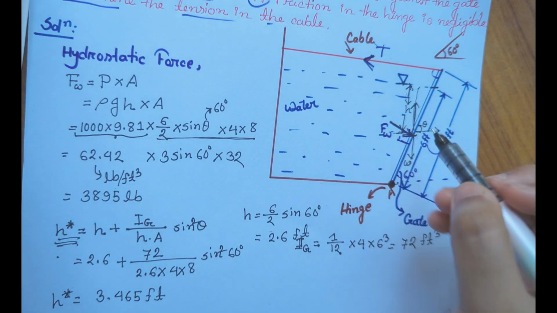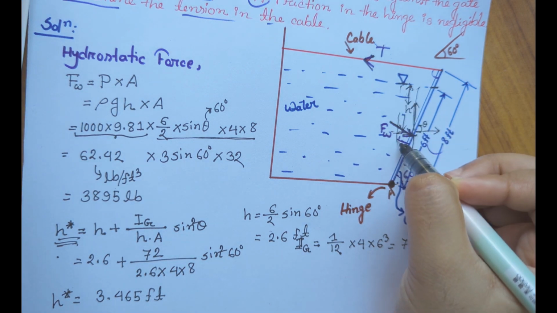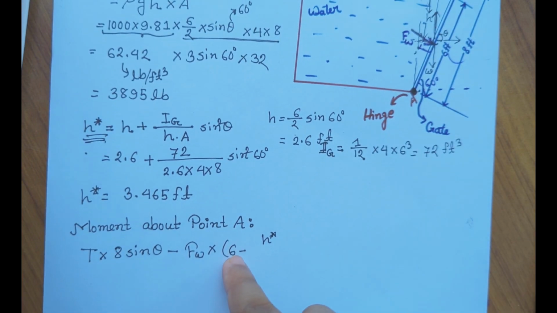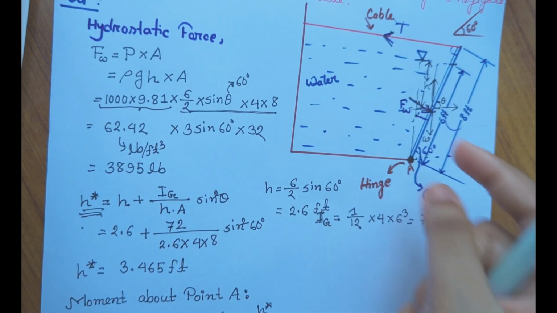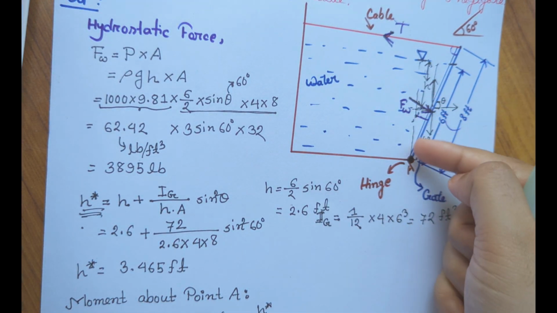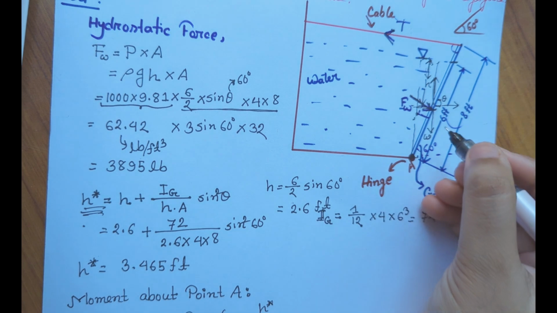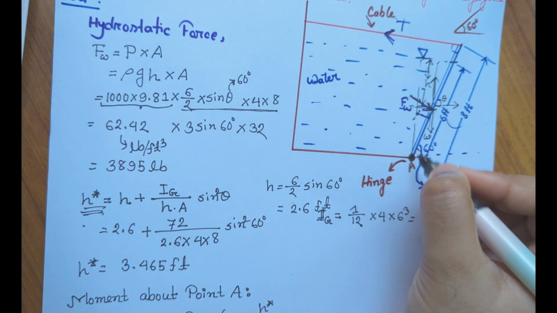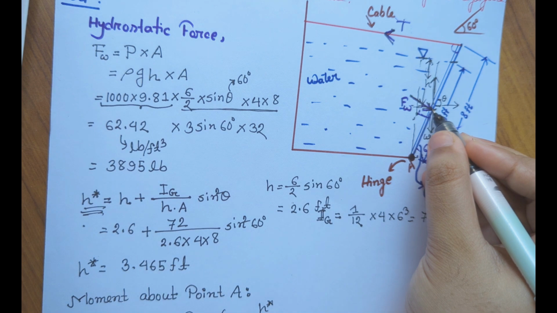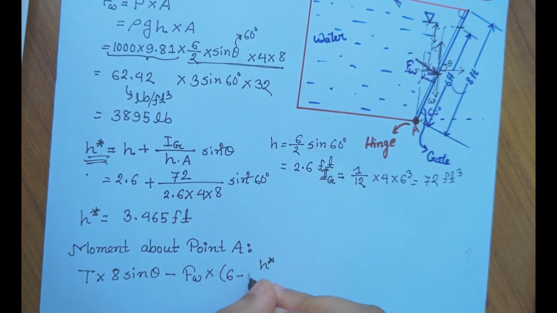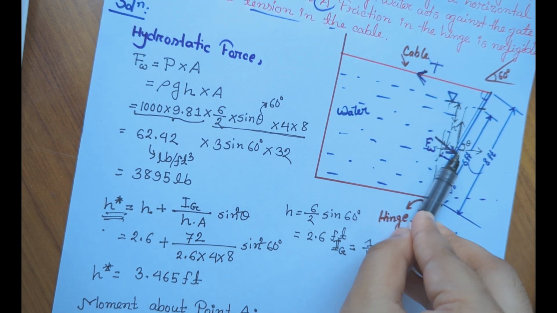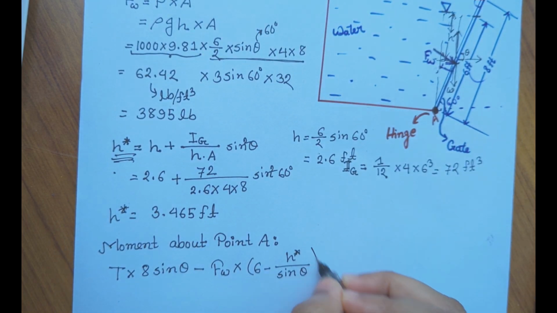But look, our H star is a vertical distance, so if we directly subtract 6 minus H star, we get the vertical distance. We will not get the inclined distance, and we need the inclined distance, not the vertical one. So we take H star divided by sin theta. This is our H star, and this portion is H star divided by sin theta.